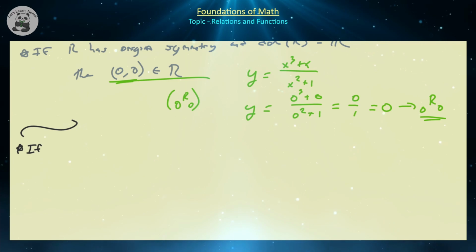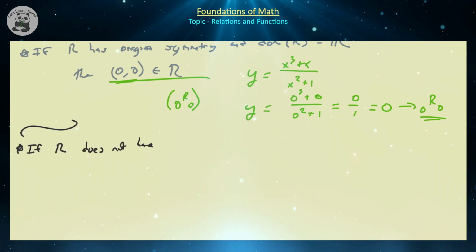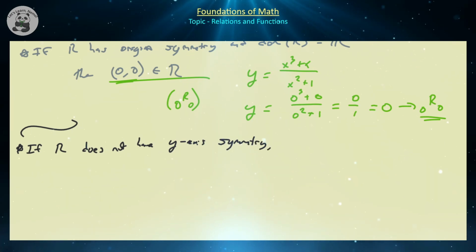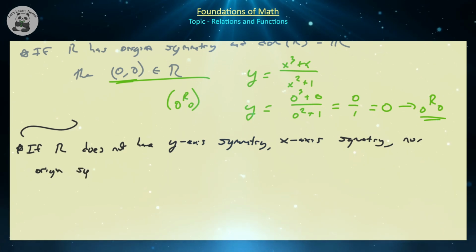Now, another thing that is important to note: if a relation R does not have y-axis symmetry, x-axis symmetry, nor origin symmetry, then R is sometimes said to have no symmetry, but that's not necessarily the case.